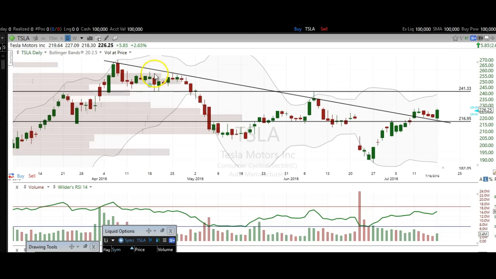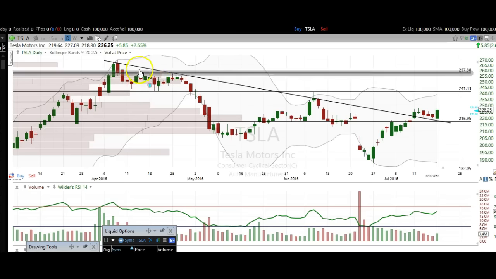Okay, so between 241, and I'm going to draw this line up here, between 241 and about 257 or so, this is where it gets kind of thick. From these candles right here, we had some sideways trading right here, so that's going to be the main resistance, 241 to 257, that we're going to have to conquer before potentially heading higher.